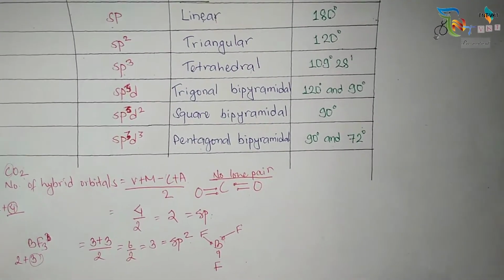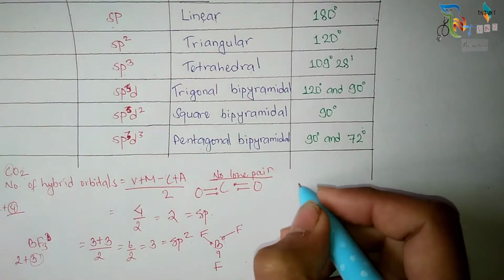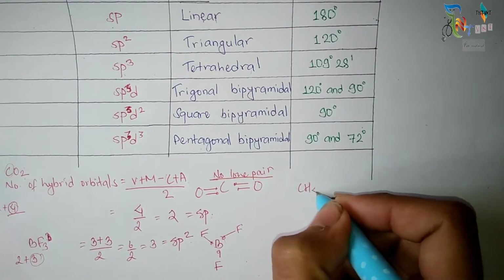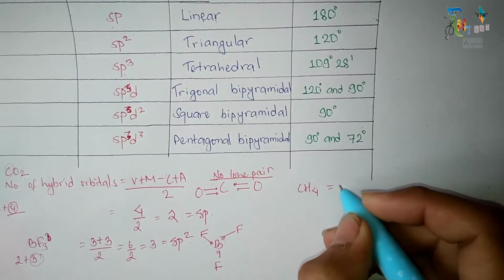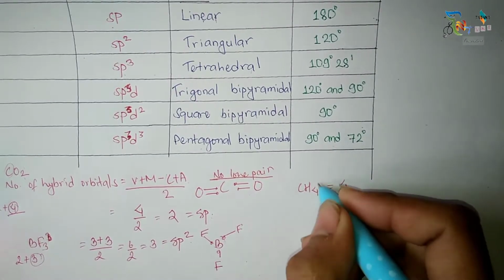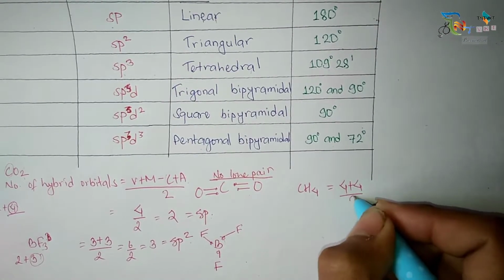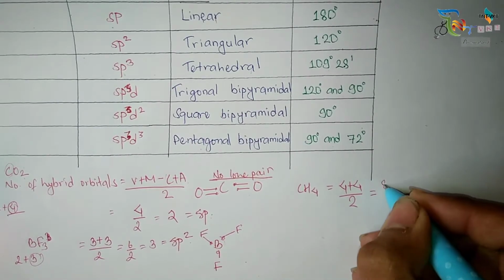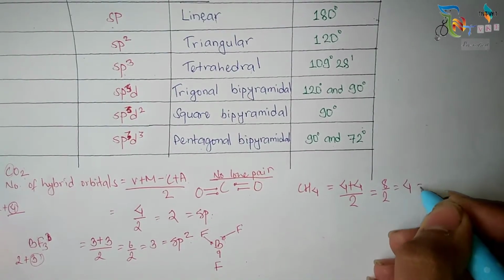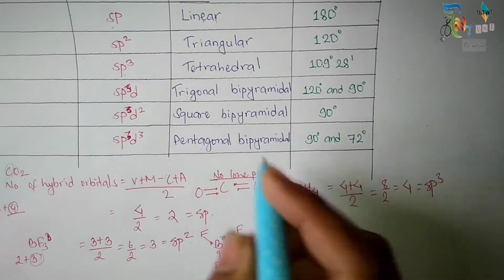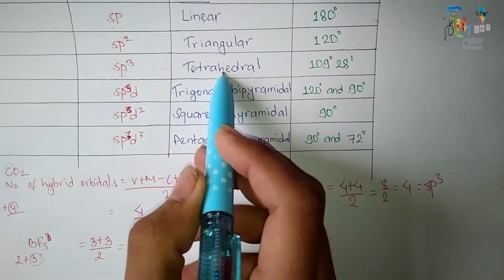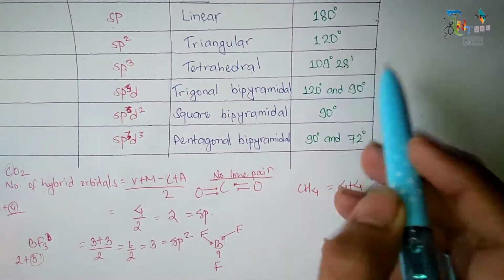Now CH4. Carbon's outermost valence electrons 4 plus 4 monovalent atoms, so 8 by 2 gives 4, which means sp3 here. Tetrahedral geometry, 109 degrees 28 minutes.